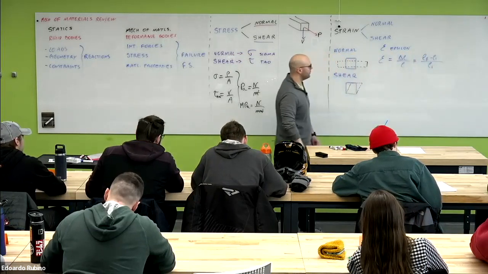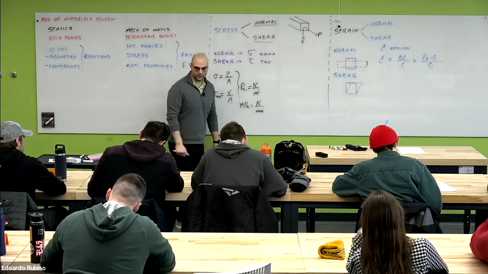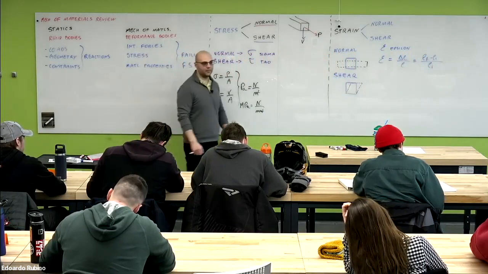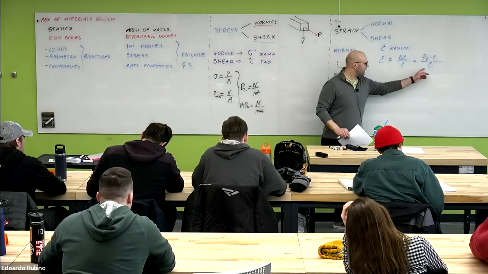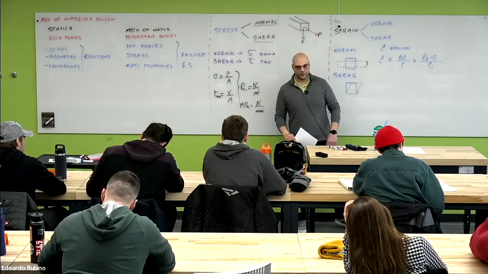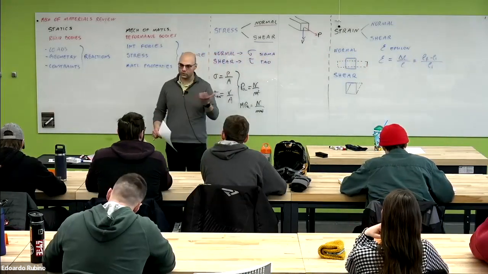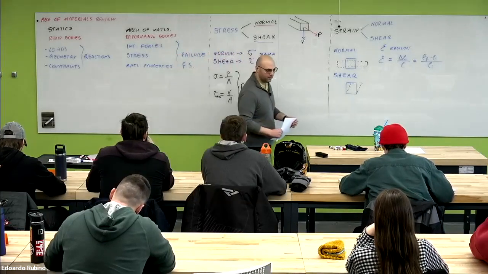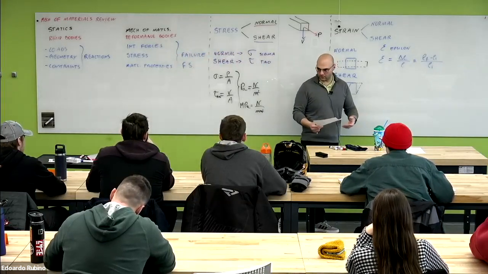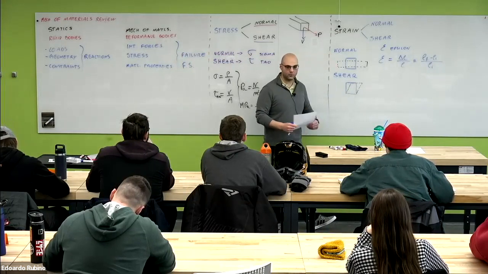And then on the denominator, we also use the initial length. So basically, by looking at this equation here, we understand if our element of volume becomes longer or shorter. If it becomes longer, it means, again, we have a positive strain. If it becomes shorter, we have a negative strain.